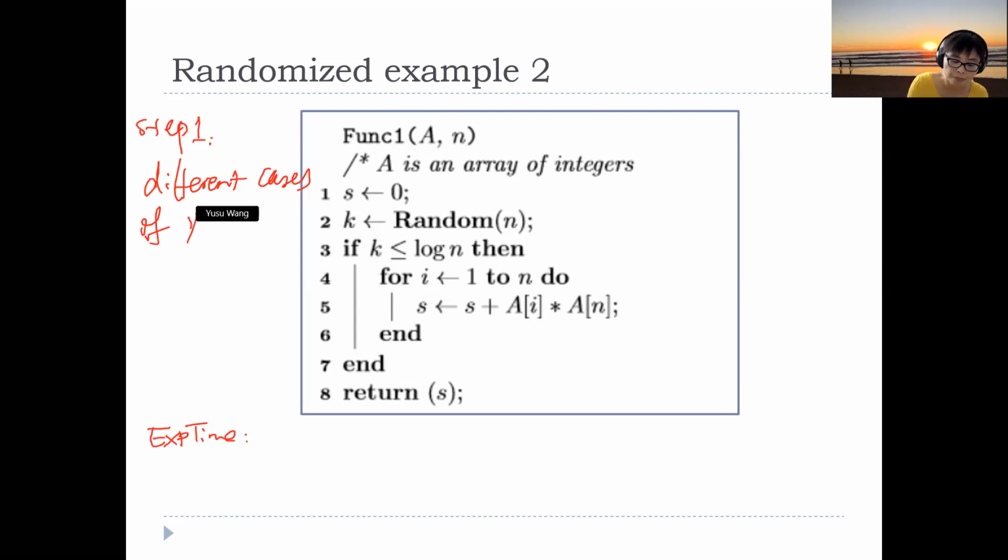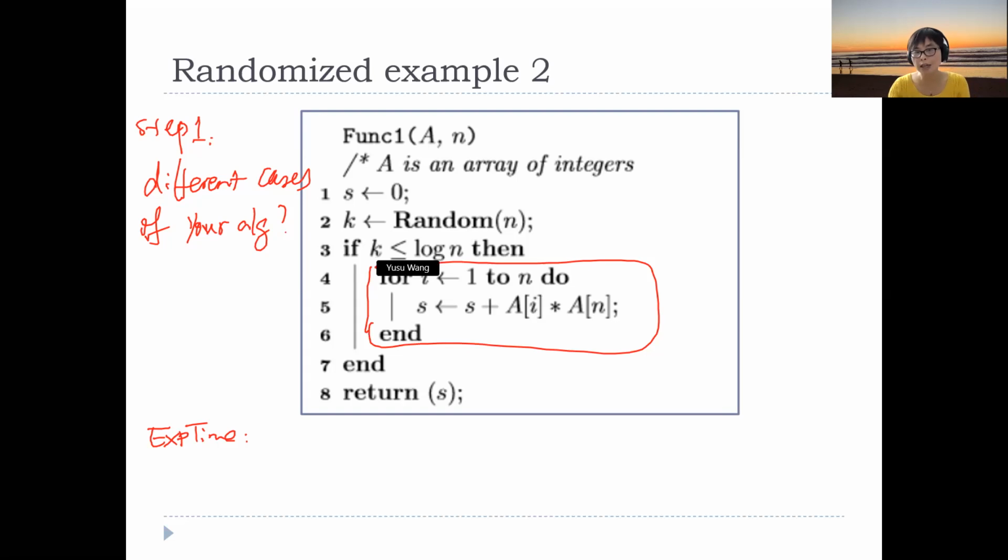Here the situation is easier, I have only 2 cases. When I get a random number k, it depends whether k is smaller than log n or not. If it's smaller, I do one thing. If it's bigger, I do another thing. So there are only 2 cases.